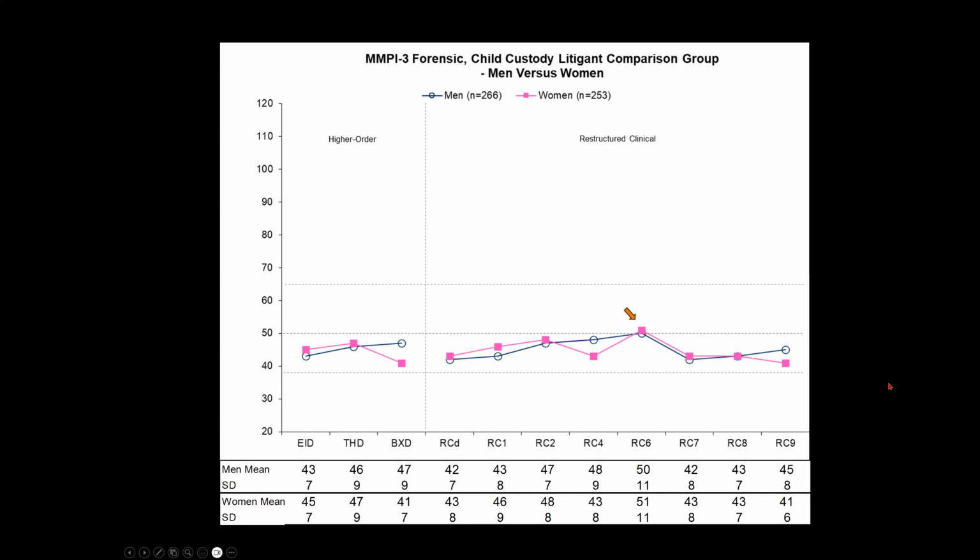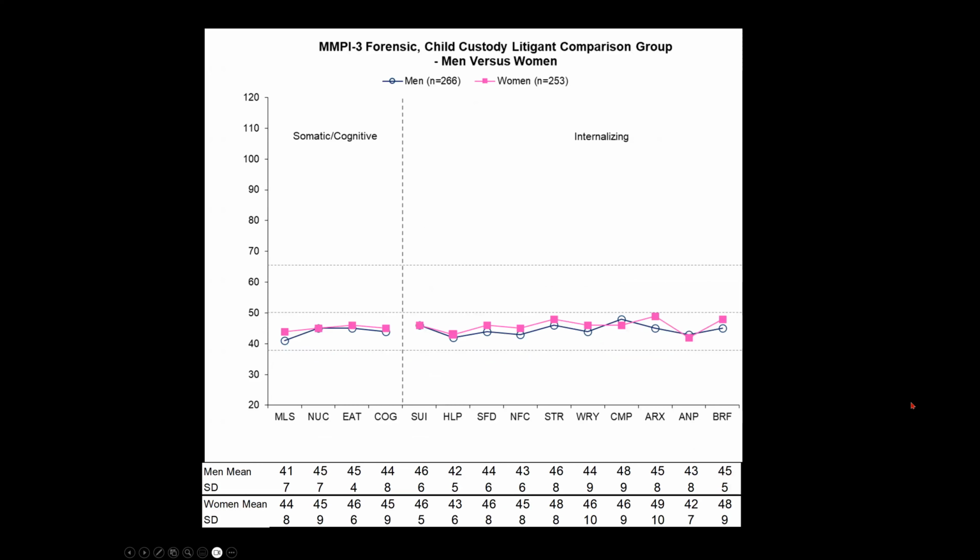Now, again, it's at the general population mean of 50, but that is what we would expect based on these data as a general normative rule for child custody litigants. That means that if we see scores that are considerably above 50, certainly in the clinically elevated range, that's not something that we will attribute to being in the process of going through child custody litigation, because the average child custody litigant scores right around 50 on the RC6 ideas of persecution scale.